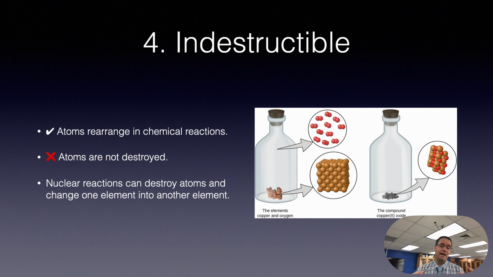And the atoms themselves are not changing or transmuting or magically changing to different elements. They're just rearranging, okay? So the product still has the same number of copper atoms and the same number of oxygen atoms as you had in the starting materials.